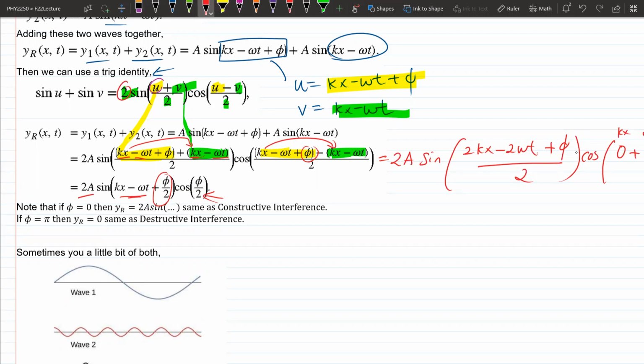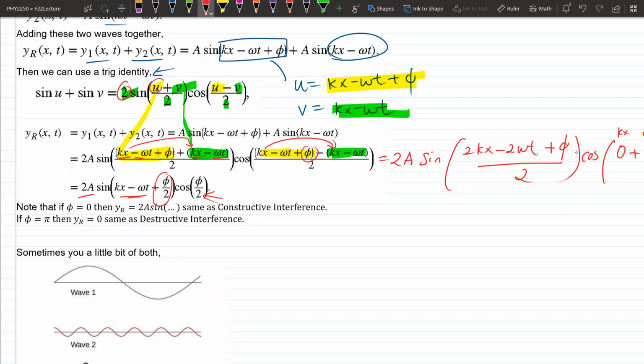That's the neat thing, because the sine piece here depends on position and time. The cosine piece doesn't depend on anything. It's just, once you know what the phase angle is, if I tell you the phase angle is 180 degrees, that's going to be just a number, right? It doesn't depend on x or t anymore. Only the sine piece depends on x and t. That's the neat thing about it.